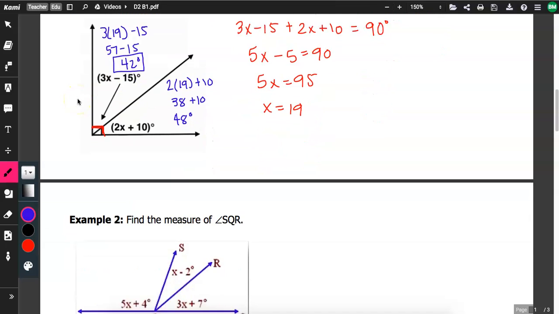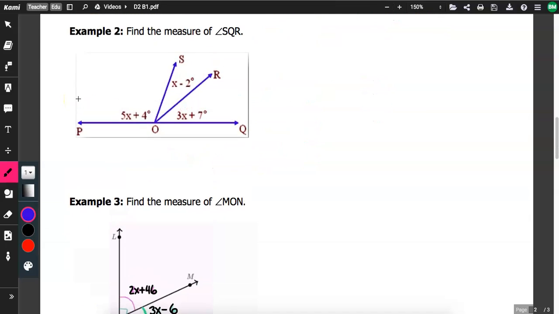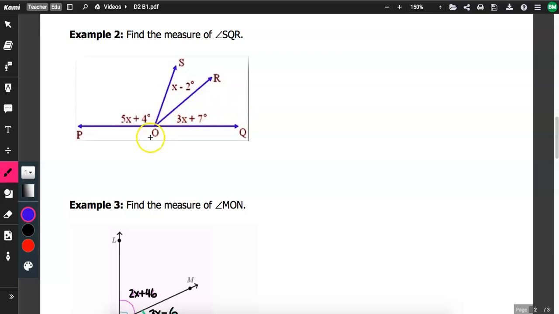All right, so let's look at example 2. Similar idea. So whenever you have a straight angle split into multiple smaller angles, we can find x value knowing that they're all supplementary. Okay. There is one typo here. This Q, it should be an O. It should be SOR.